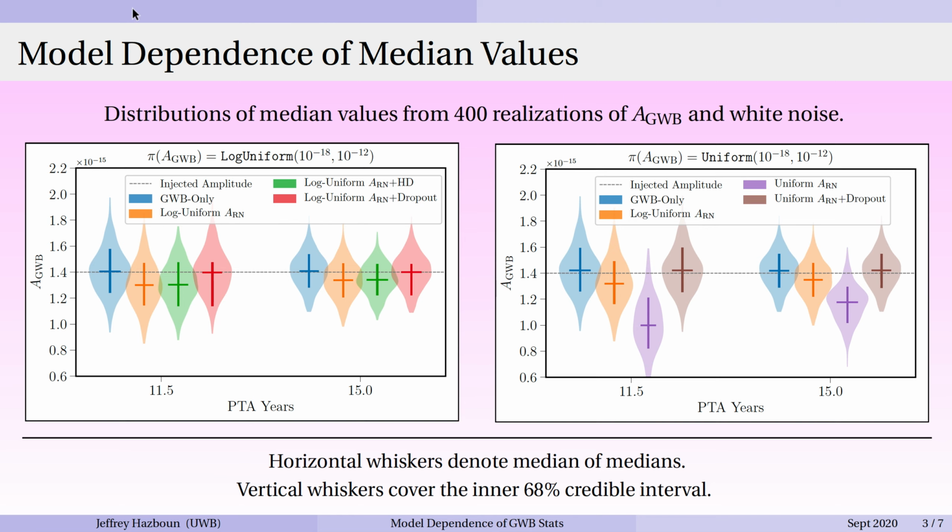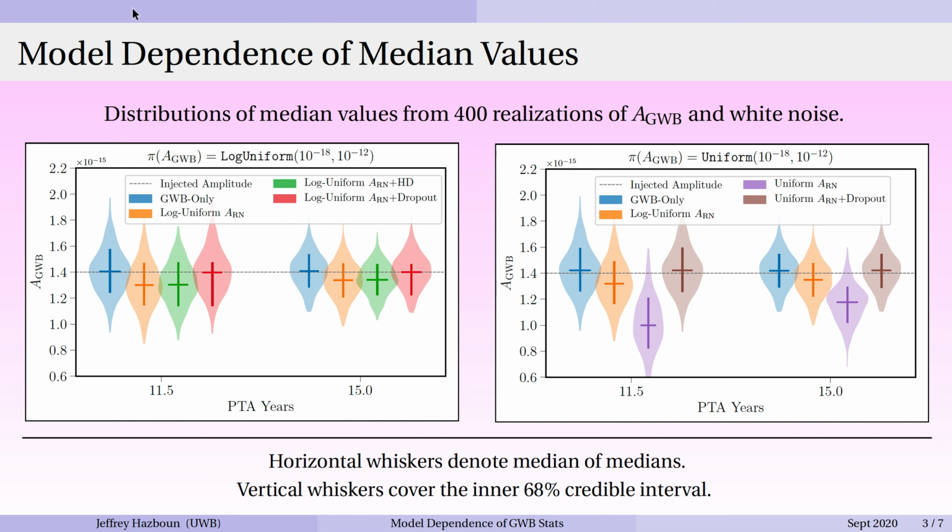The horizontal whisker is the median of the medians, and the vertical whisker shows the inner 68 percent credible interval for these. And so when you use the same model to recover, which is the blue, you basically get what you expect. However, when I include a red noise model, on the left here we show it in the orange and green, that's with a log uniform prior on the red noise. We get amplitudes that are slightly less than the injected value.